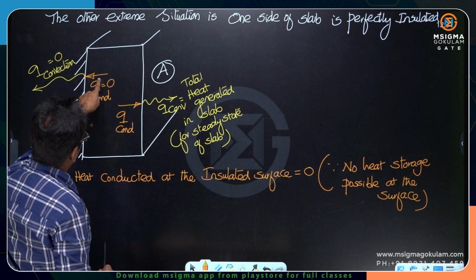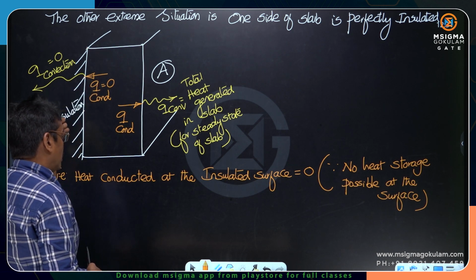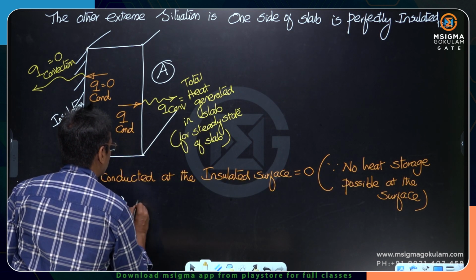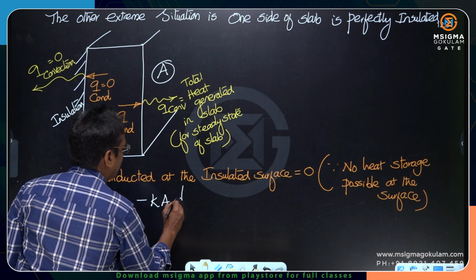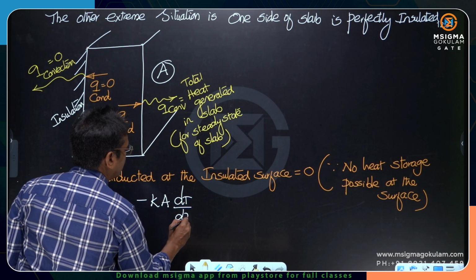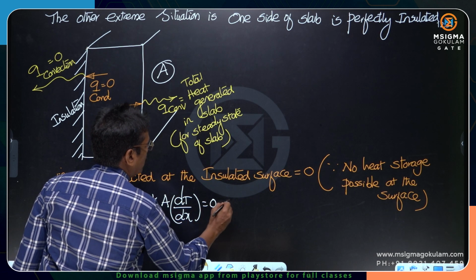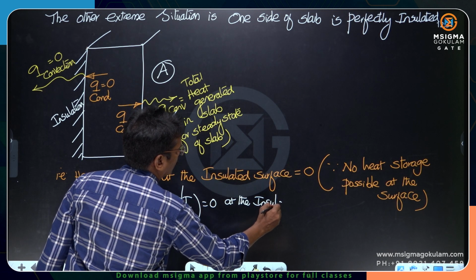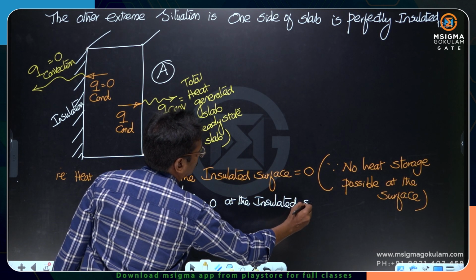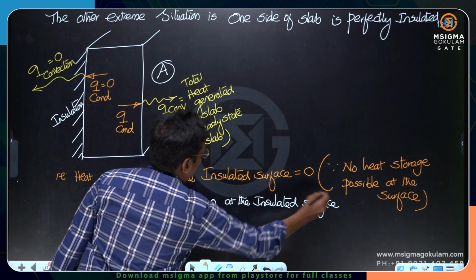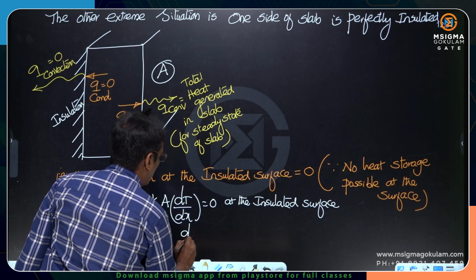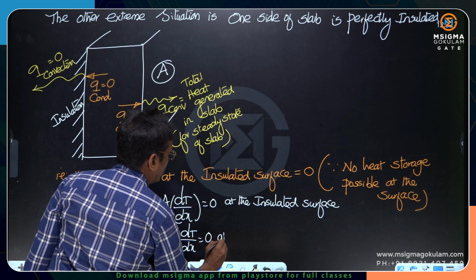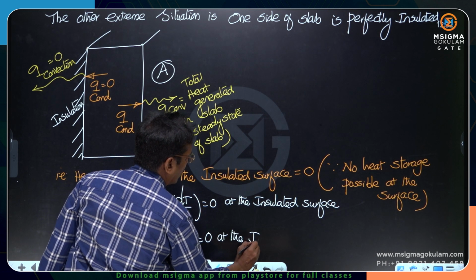Q convection is 0, so Q conducted also should be equal to 0. That means heat conducted at the insulated surface is 0, that means minus K A dT by dx is equal to 0 at the insulated surface. K cannot be 0, A cannot be 0. Therefore, dT by dx should be equal to 0 at the insulated surface.